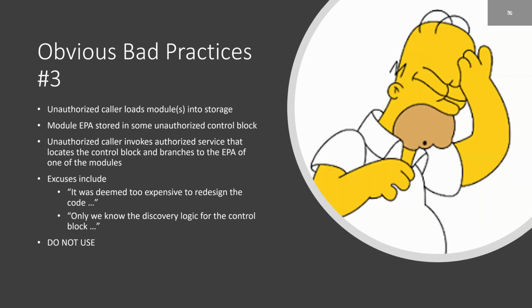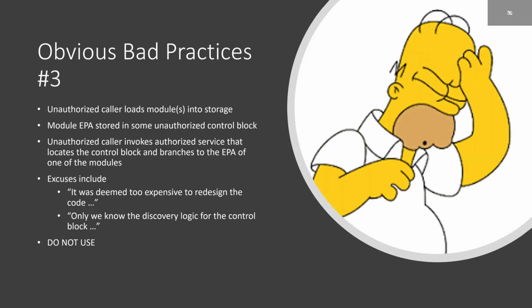And maybe that's in unauthorized storage as well. And then he'll invoke an authorized service, maybe via AUTHTSF, AUTHPGM, AUTHTSF, that sort of entries in PARMLIB. And then that will branch to that address. You'll locate that control block and branch to the EPA that the unauthorized caller set up.